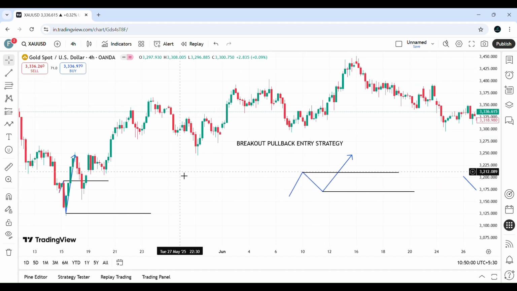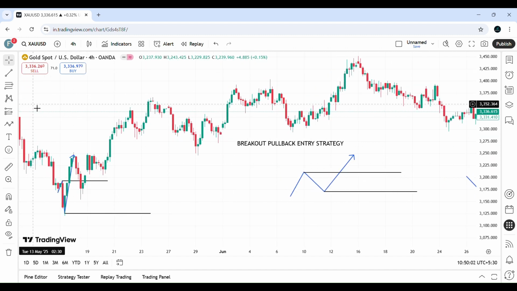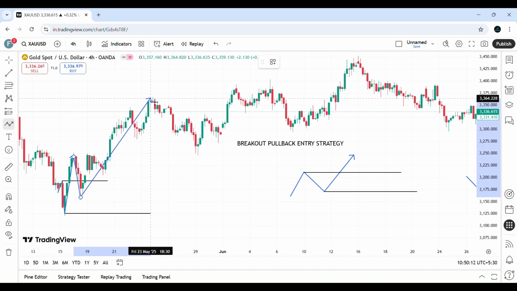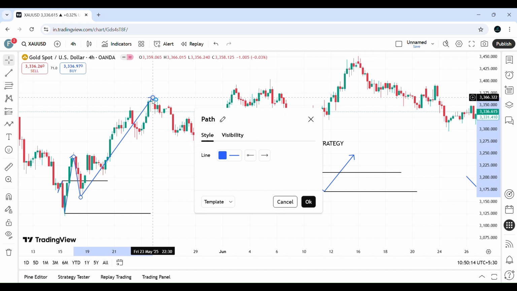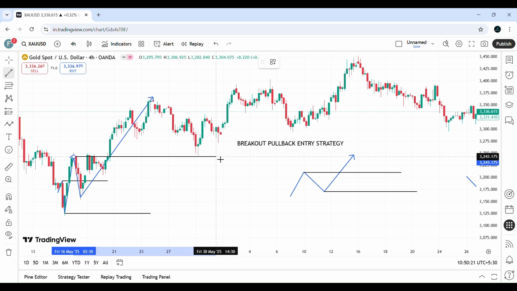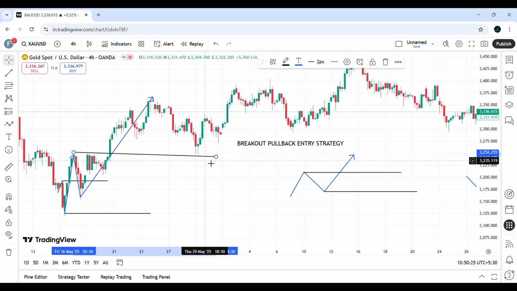Let's look at this area, the continuation. You draw a high, there's a high over here, a low over here, and another high. Now draw a neckline. Our neckline is right over here. Price came till here. This is our neckline.